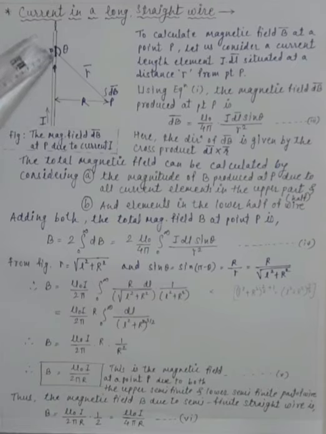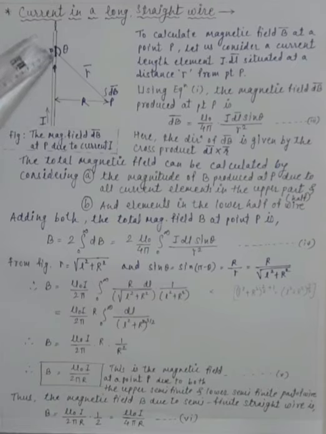Now using the Biot-Savart law, the magnetic field dB bar produced at point P due to this small current element is given by dB bar equal to mu 0 upon 4 pi I dl sin theta upon r square.